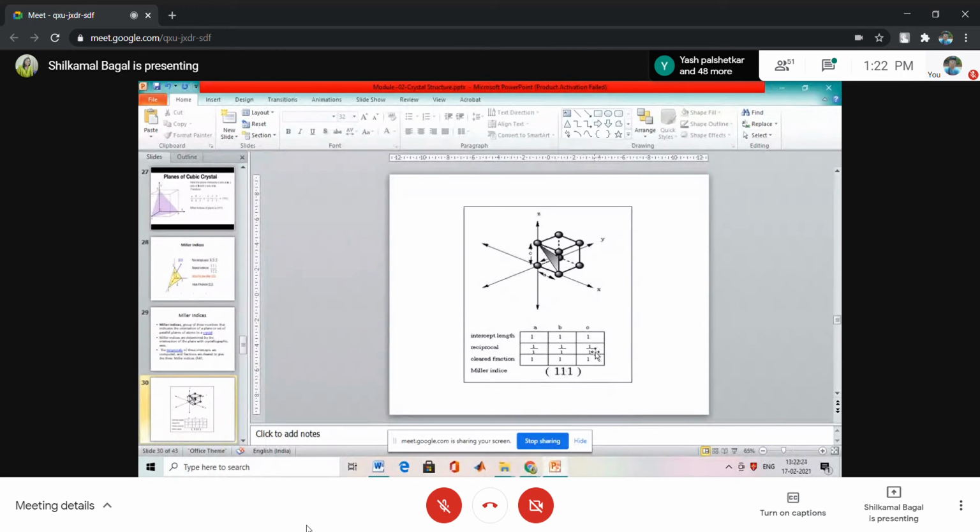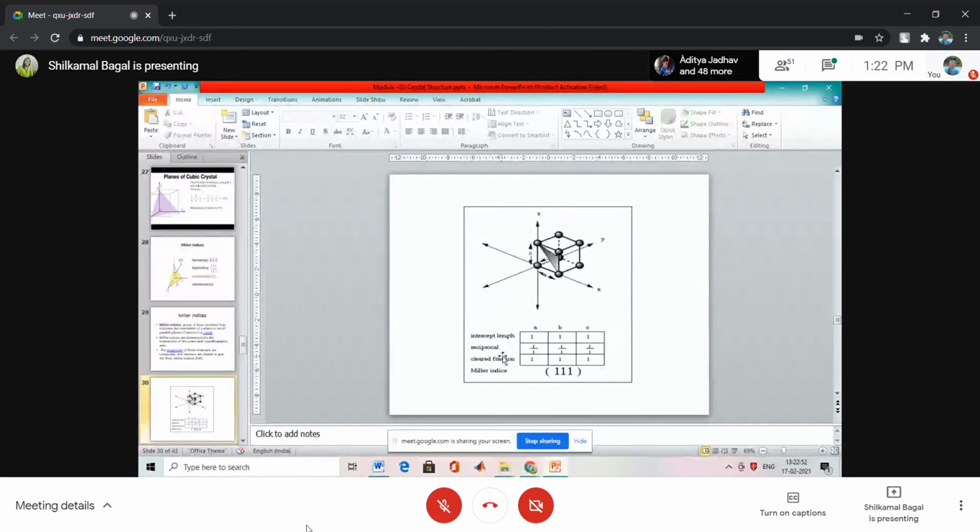Now see this one plane, 1, 1, 1. Here is shown a plane having intercepts along axes a, b and c, which are along x, y, z, and they are 1, 1, 1. You will see that this plane cuts the axes a, b, c at 1 unit. So the intercept length is 1, 1, 1, if a equals b equals c equals 1 unit.